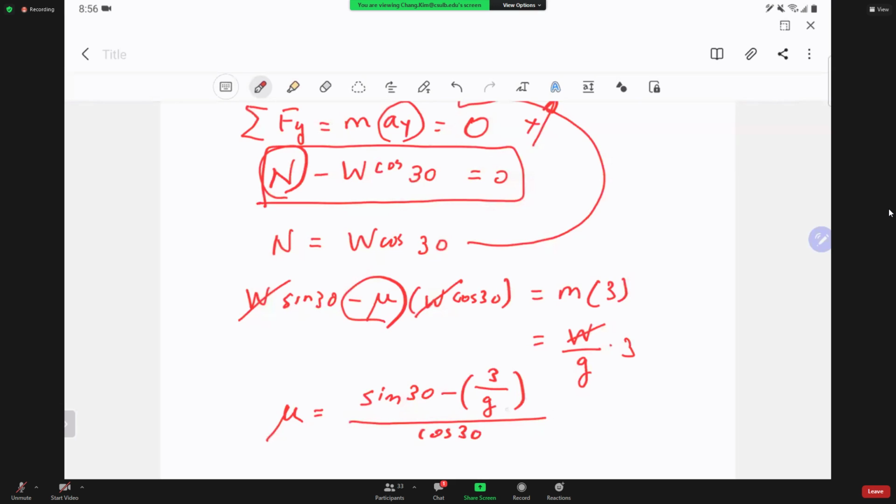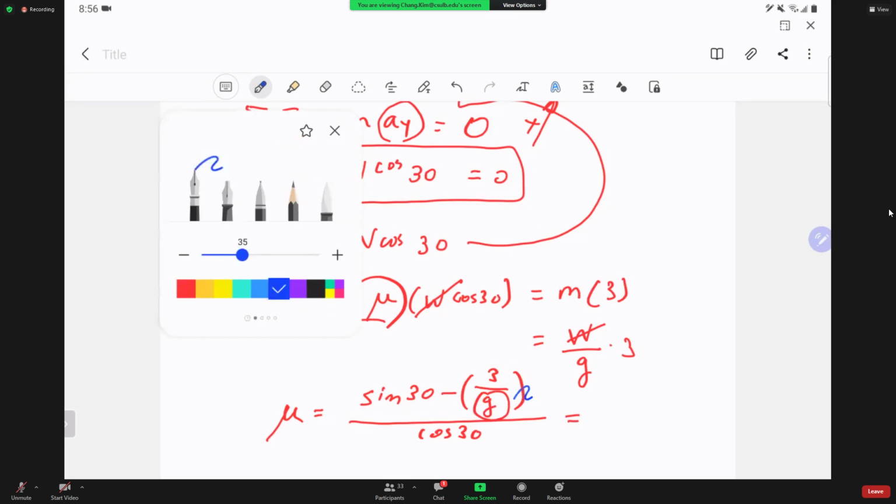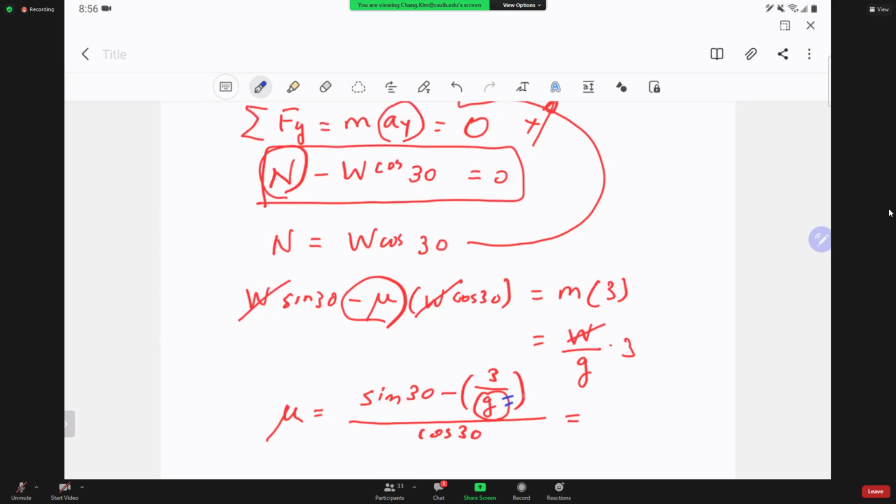So g here is 9.8. When you multiply and divide, you will have something like this value. So that is the answer.